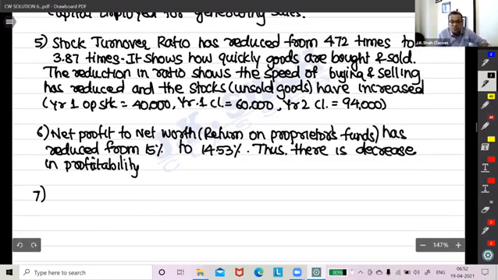Come on, tell me. Receivable collection period, average collection period. Everybody has calculated according to their own convenience. Some people are replying in days, some people are replying in months.